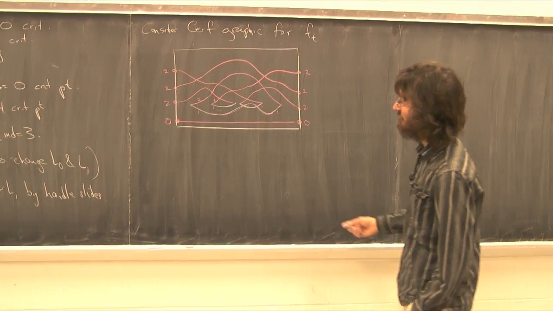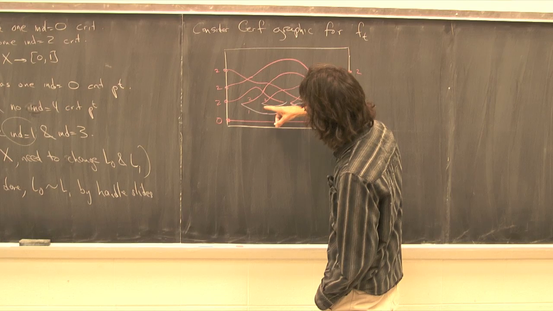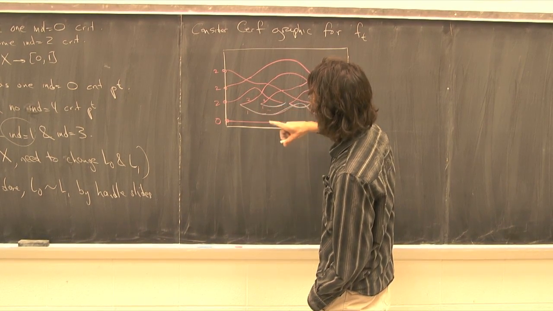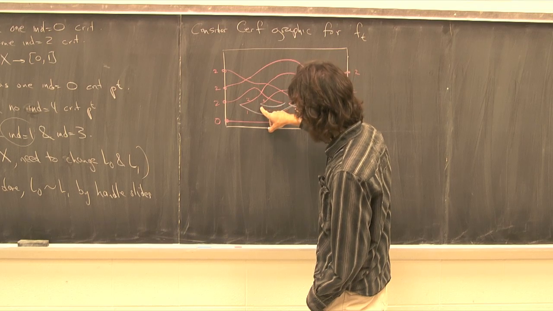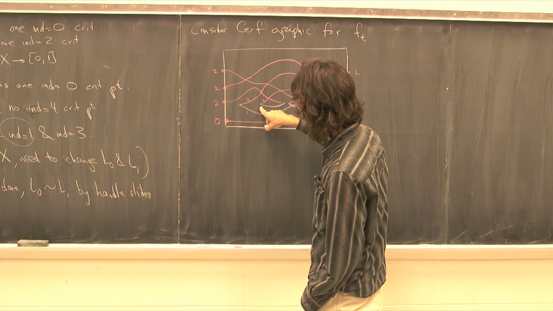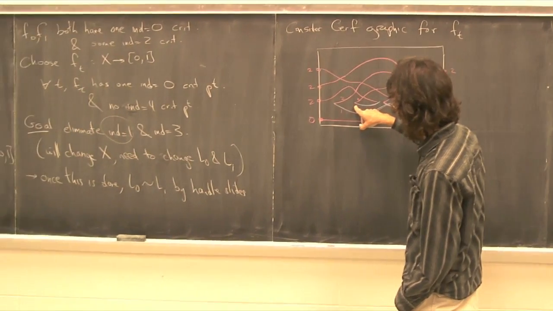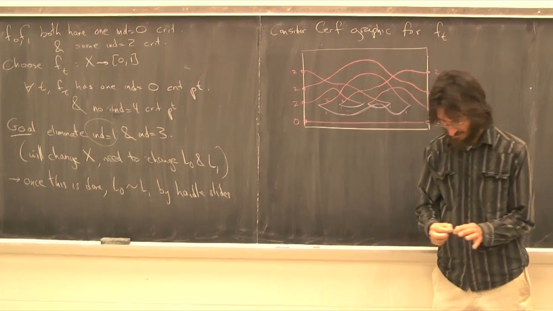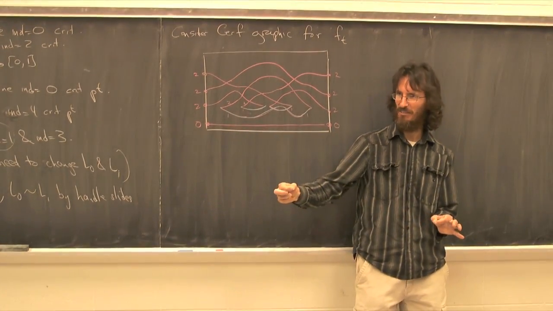All right, let's think now about, I'm not sure how much I'm going to write down to try and explain this argument. Okay, you can move one of these cusps back, right?